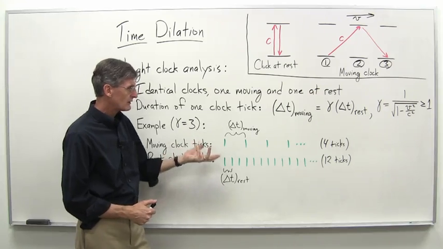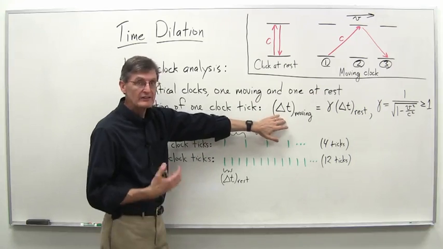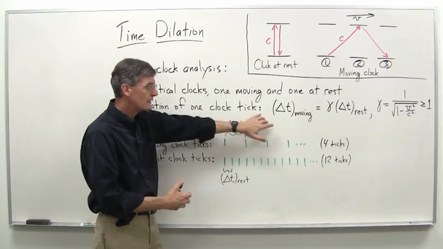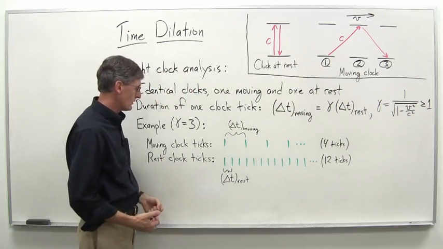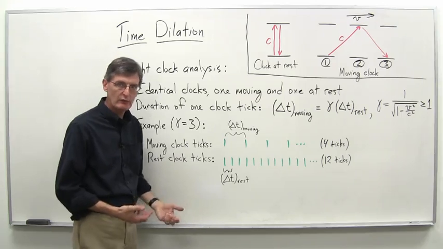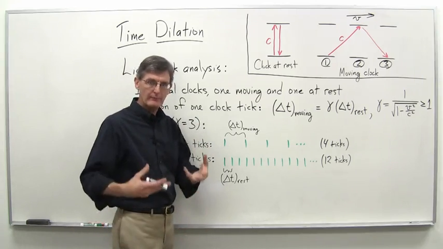And so clearly we had the moving clock ticking more slowly, from Bob's perspective observing it, than his rest clock there. Okay? Well, again, we're not so much interested in number of ticks. We want elapsed time. I like to say, okay, Bob measures some elapsed time on his clock.